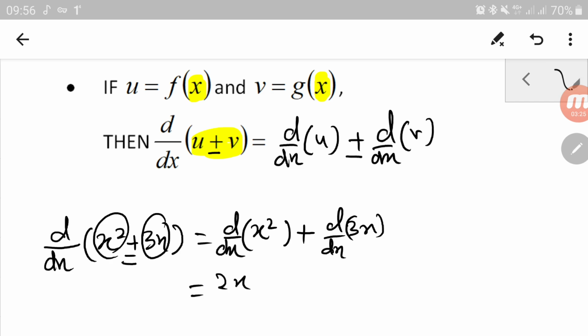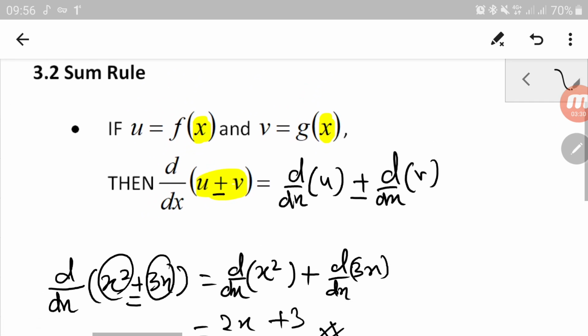Okay, so 2x plus 3. So this is the answer. Okay, so this is sum rule.